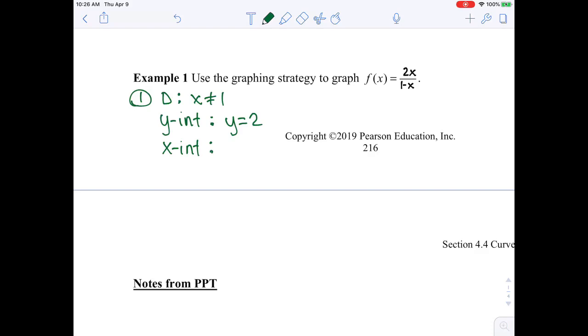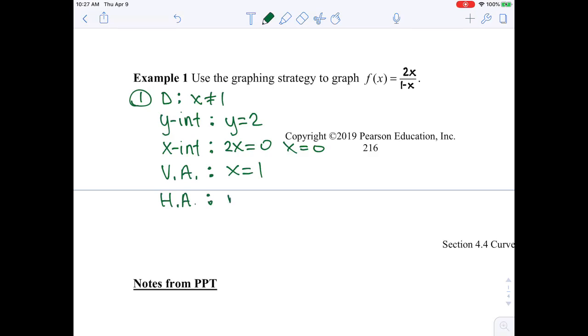X-intercept: set the numerator equal to 0. We get x equals 0. Asymptotes. Vertical asymptote is at x equals 1.